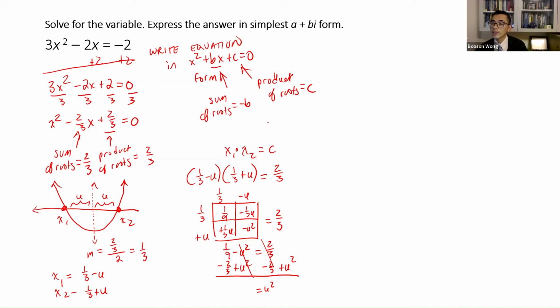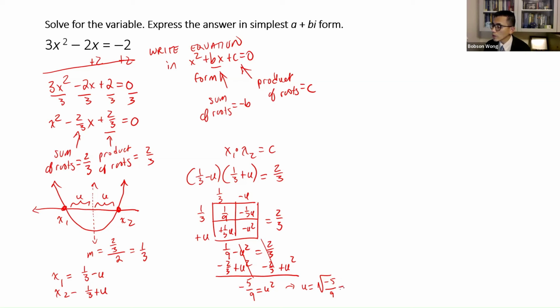That's going to be negative 5/9. So if u squared is negative 5/9, we take the square root of both sides. U is equal to the square root of negative 5/9.